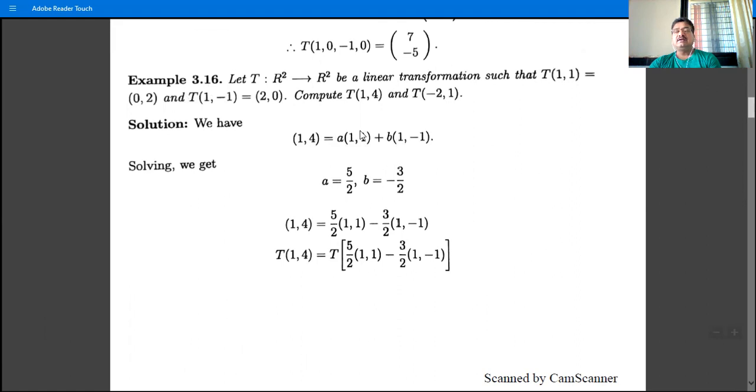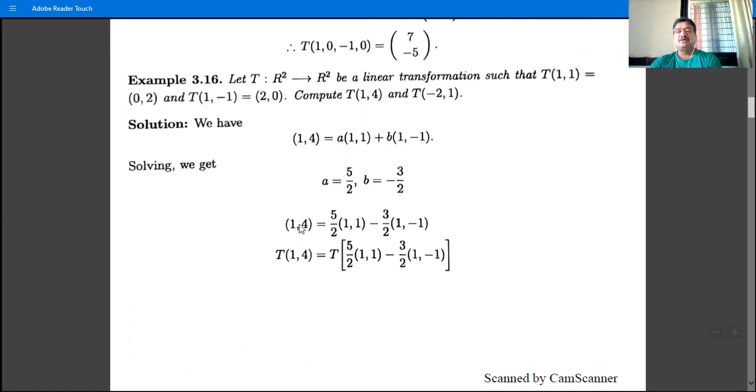Take k1 and k2 as scalars such that (1, 4) is equal to k1(1, 1) plus k2(1, -1), and then, by applying the definition of scalar multiplication and vector addition, we have two equations and two unknowns. Solve those two equations. We have a is 5/2 and b is -3/2.